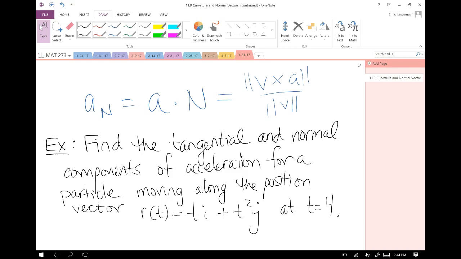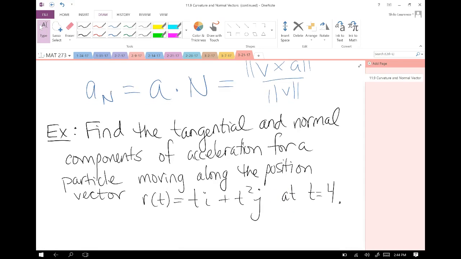We can do this because the cross product gives us a normal vector. So make sure that it ends up normal.